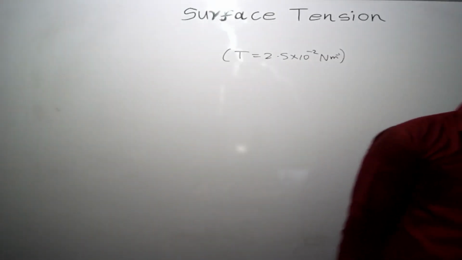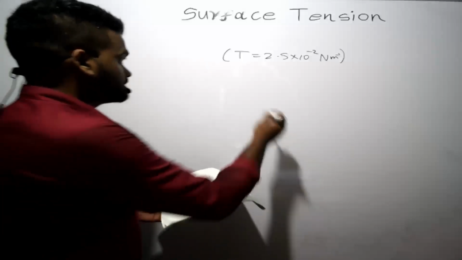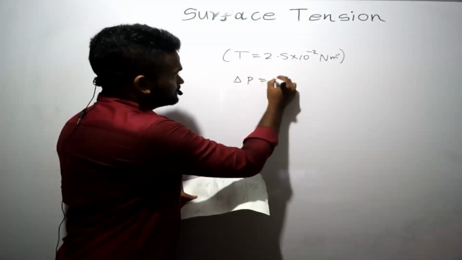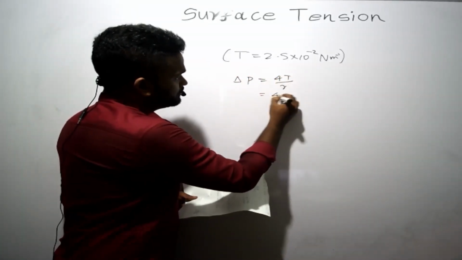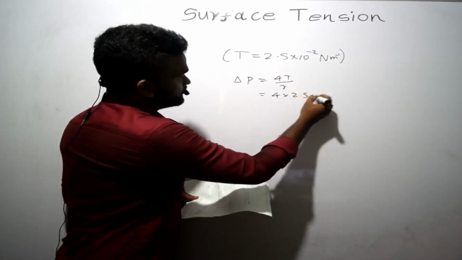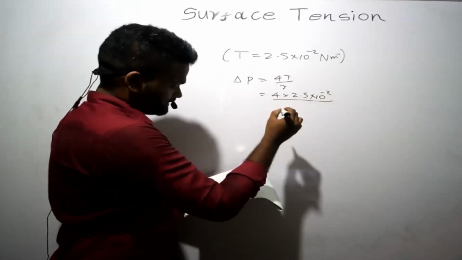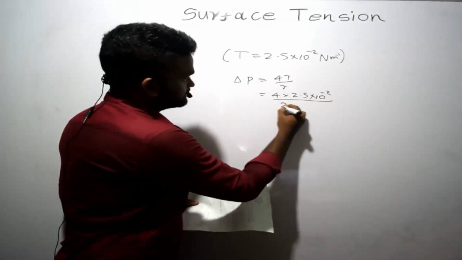Yeah, 40. Okay, so delta P equals 4T over R. 4 times tension 2.5 times 10 to the minus 2. Radius is how much? 2 millimeters.